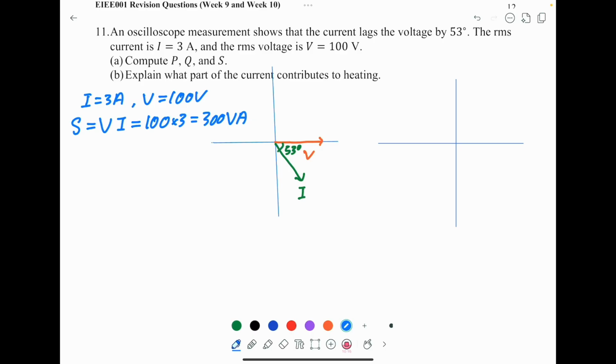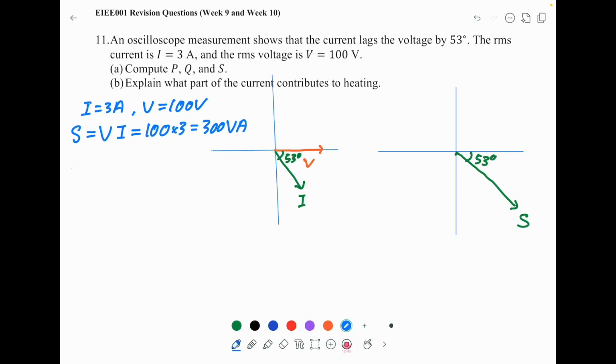So now we can draw the apparent power along the I. This is apparent power S, and the angle here is 53 degrees. The real power P is apparent power times cosine theta, so it is 300 cosine 53 degrees, and you will find this equal to 180.